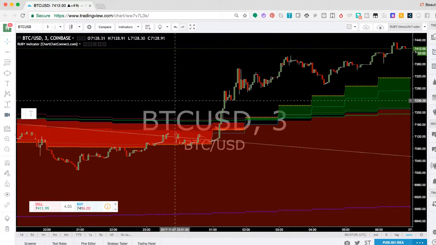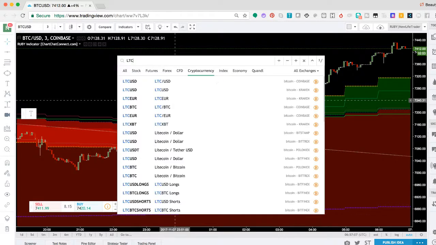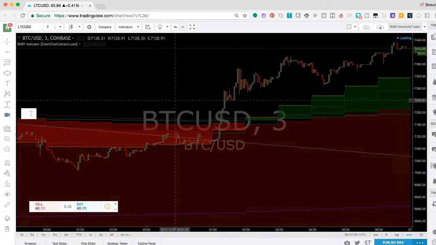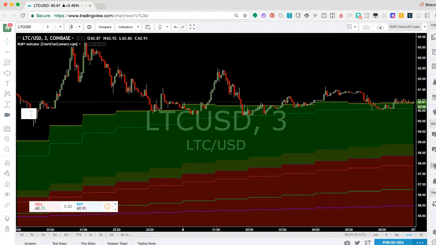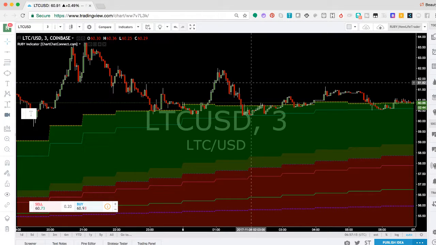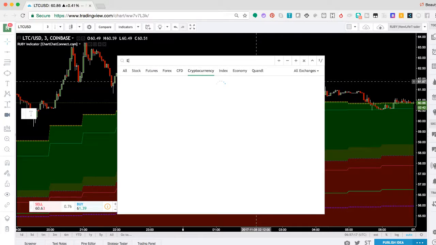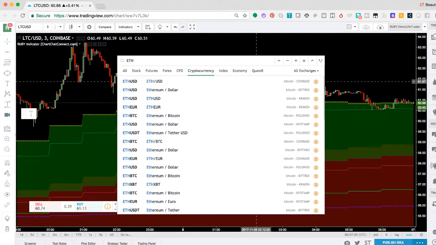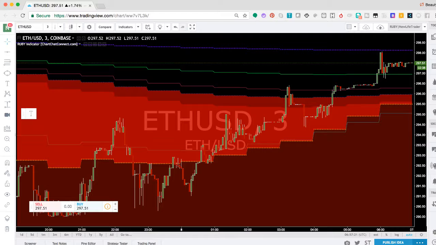We did the LTC USD Coinbase pair, trading at $60.91, and we'll do some more drawing on this one tomorrow. And then the ETH USD Coinbase pair, and you guys kind of have an idea of where that is right there. All right, so that's 3, and then we'll do the ETC.